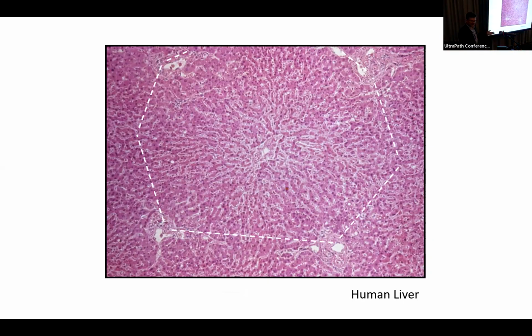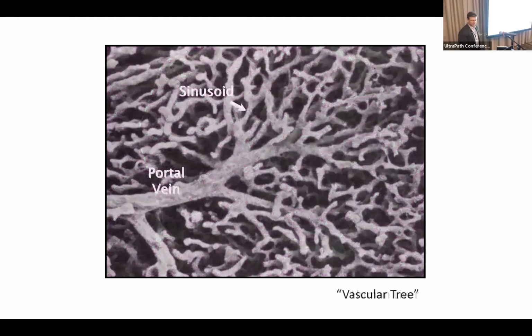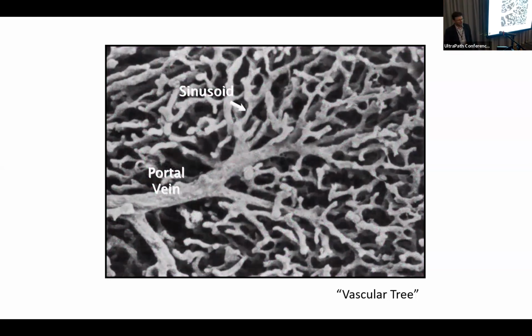And then conceptualizing the three-dimensional relationship of all these different groupings of individual lobules can just be a little bit mind-boggling. But here you can see an SEM image of a corrosion cast that's formed by injecting a polymer into the vasculature and then dissolving away all of the tissue.